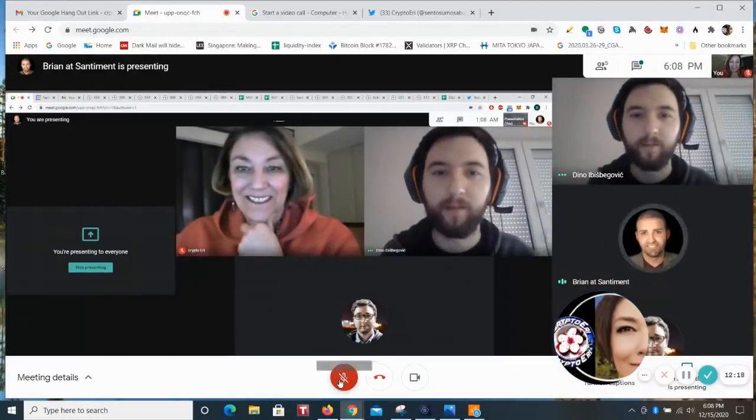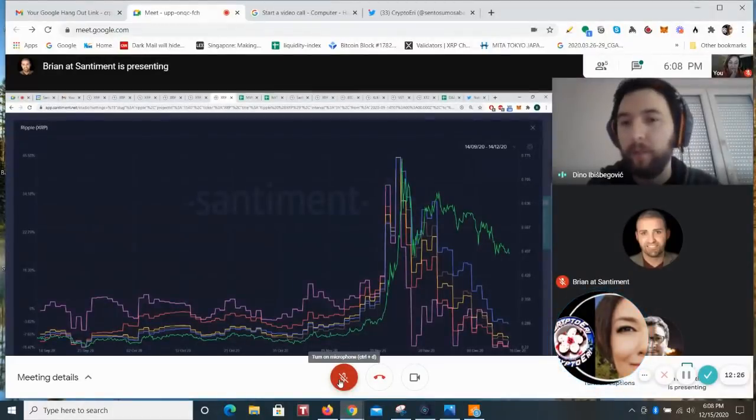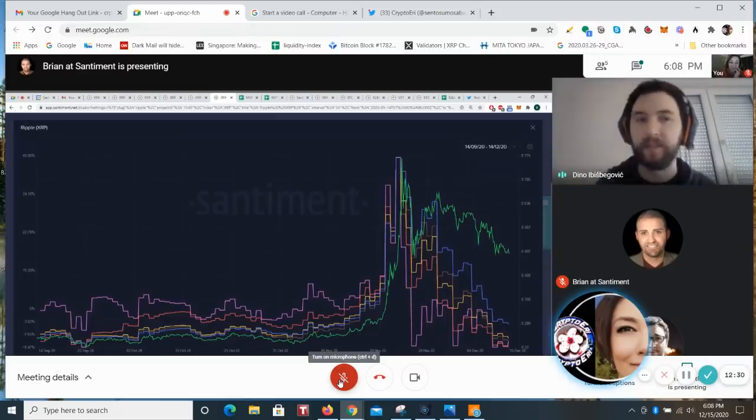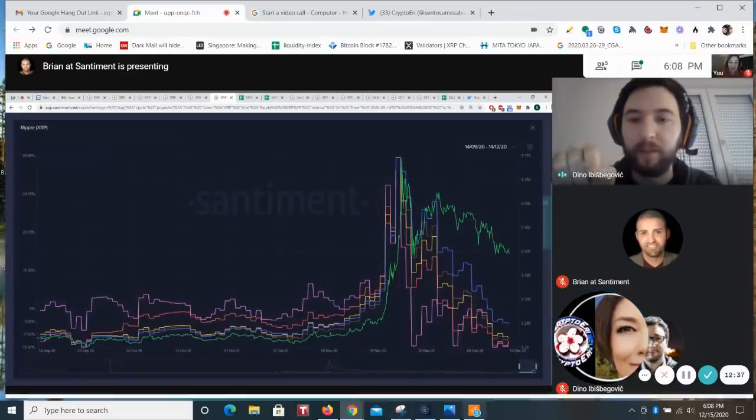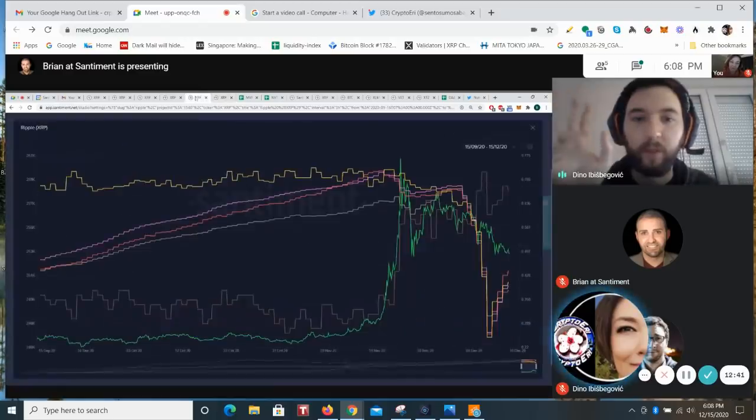So as Brian was saying, the holder distribution metric essentially shows the amount of XRP held by a specific group of addresses. Brian, if you want to zoom back out to that previous screen so that people can see the address cohorts we're looking at.